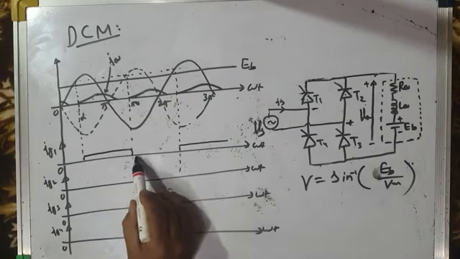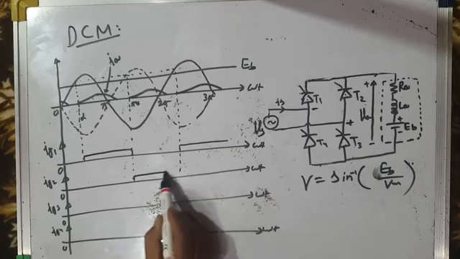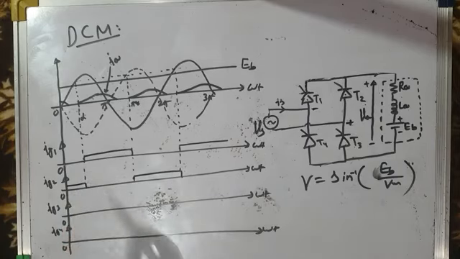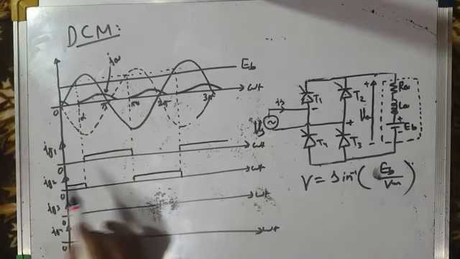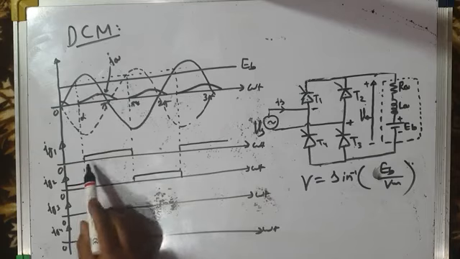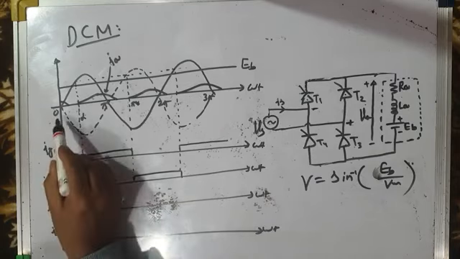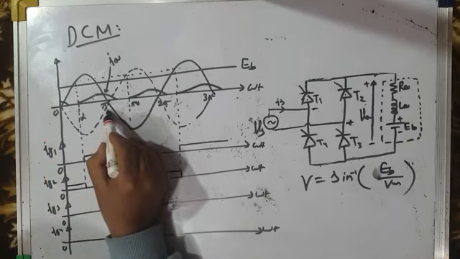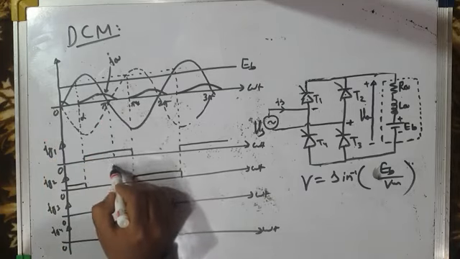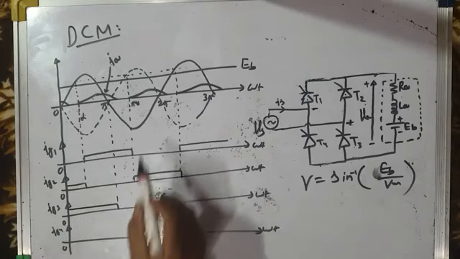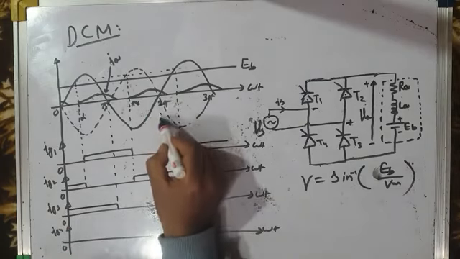That means when Ig1 is low, Ig2 will be high. It is low here, it will be high. What about Ig3? Ig3 will be advanced. It will not be in synchronism with Ig1. It will be advanced by delay angle alpha. So that means it will start from 0 up to pi, 0 to pi, and then 2 pi to 3 pi.